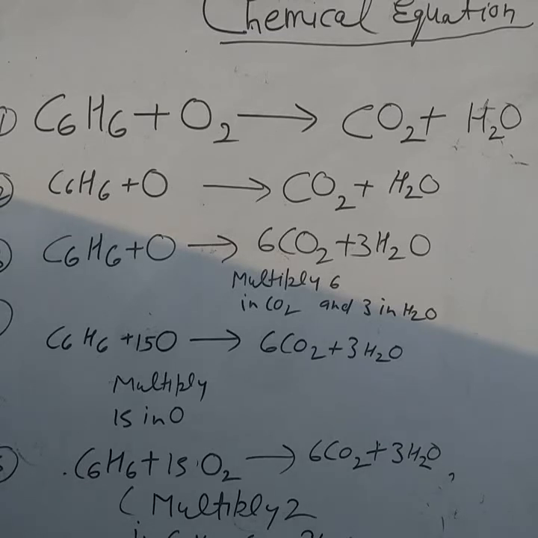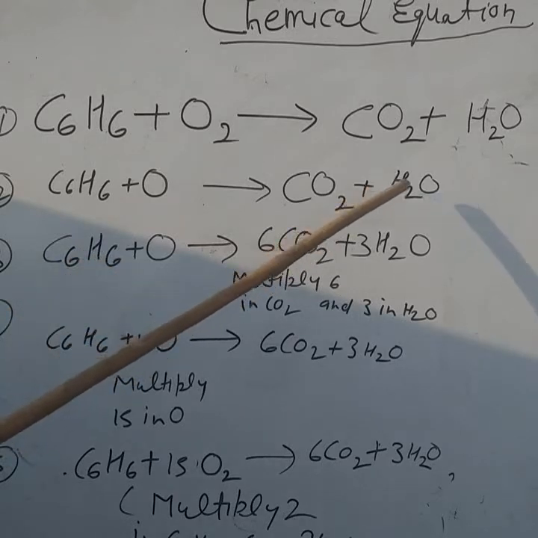The formula C6H6 contains the maximum number of atoms, therefore it should be selected to start the balancing process. The number of carbon is 6, so multiply CO2 by 6, and H2O by 3, because the number of hydrogen is also 6.